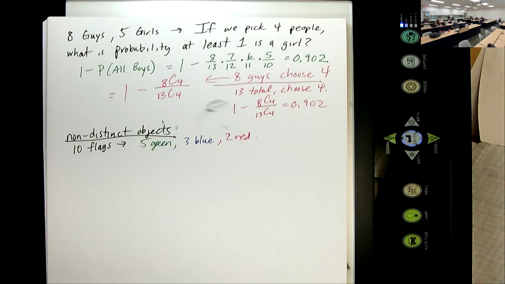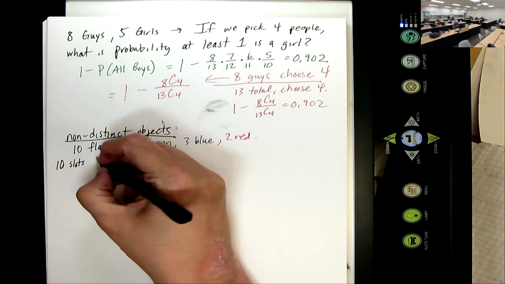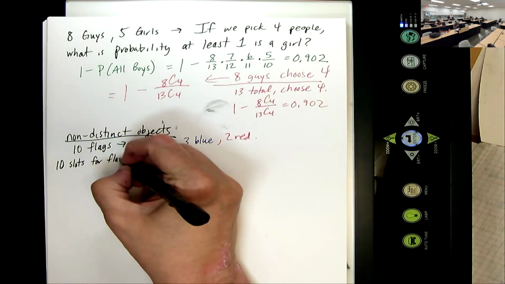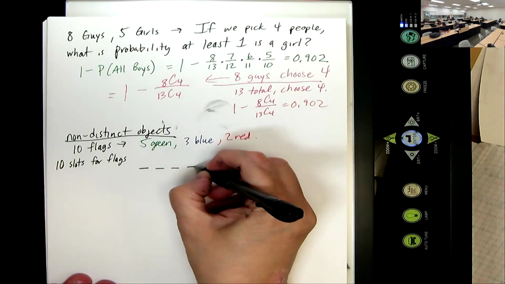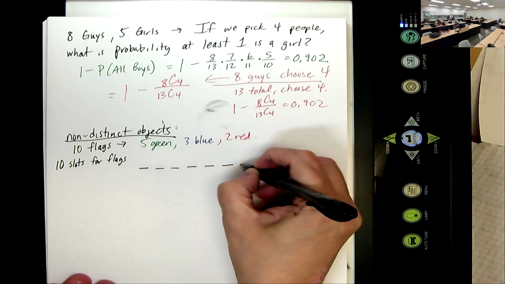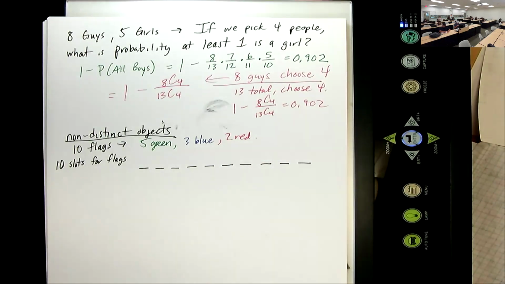And we have 10 slots for flags in a line. How many different ways can we arrange the flags?